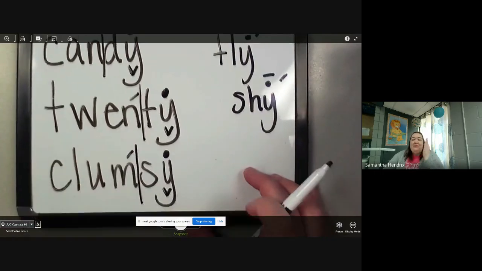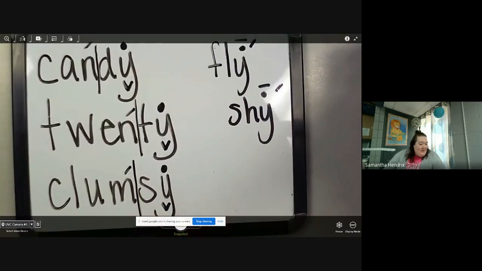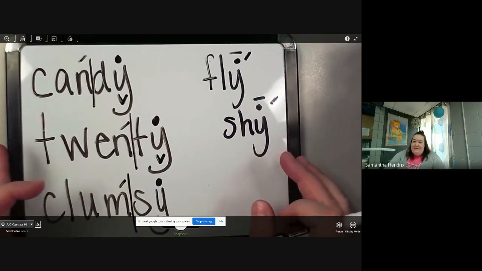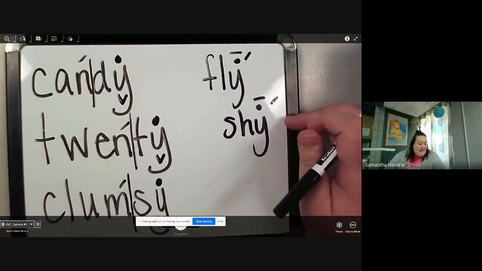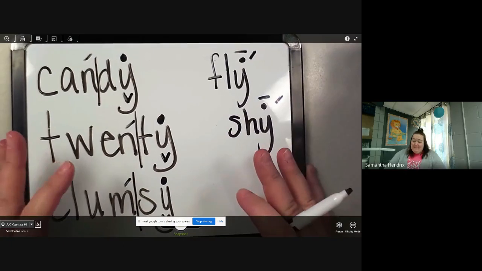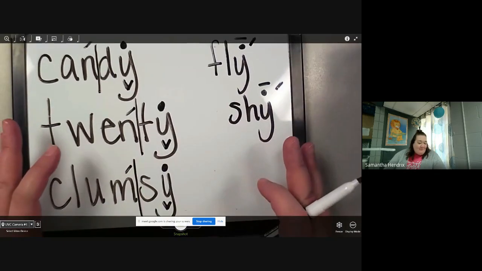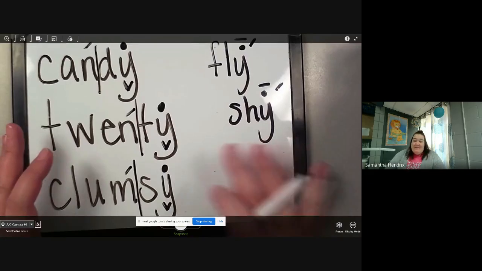You just have to try. Clumsy or clumsy, okay? So, if the Y says I, it is most likely accented, as in here, okay? If the Y says E, it is most likely not accented. So, how do we code these?